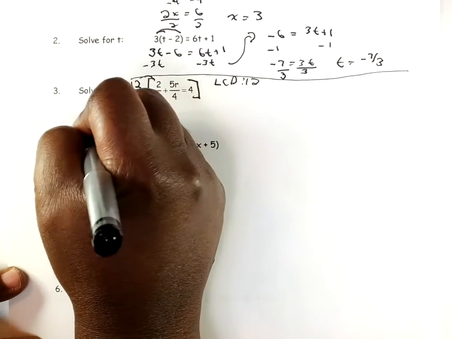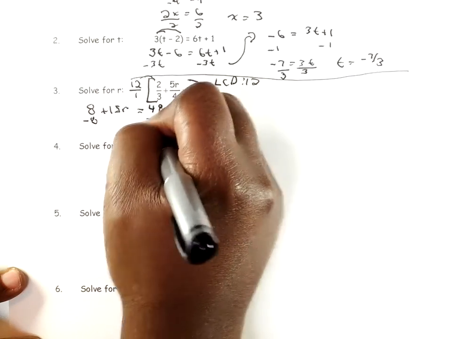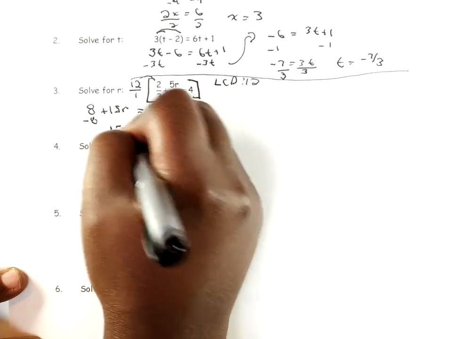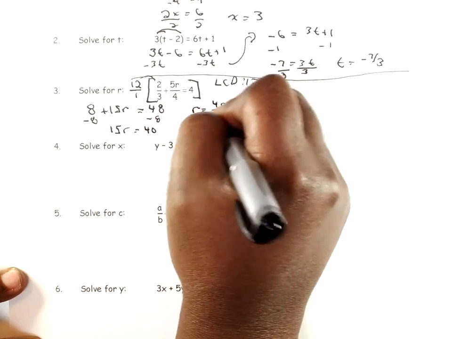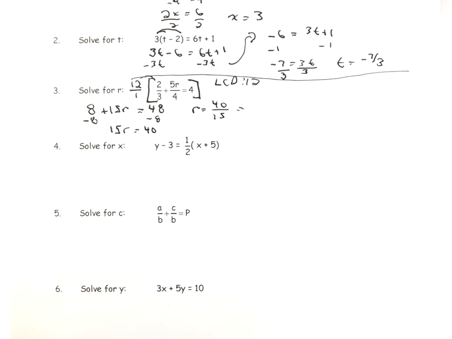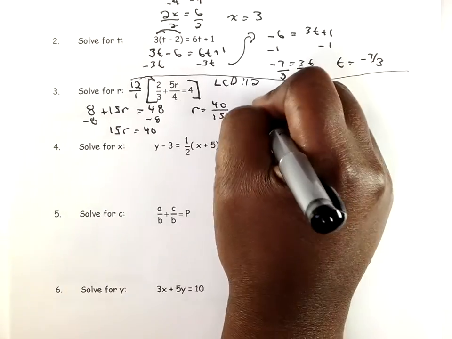So we're going to subtract 8 from both sides. And that will give us 15r is equal to 40. And then divide by 15. So we get r is equal to 40 over 15. And I'm just reducing it on my calculator, which is 8/3.